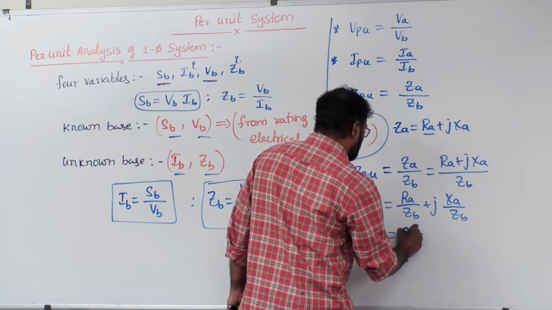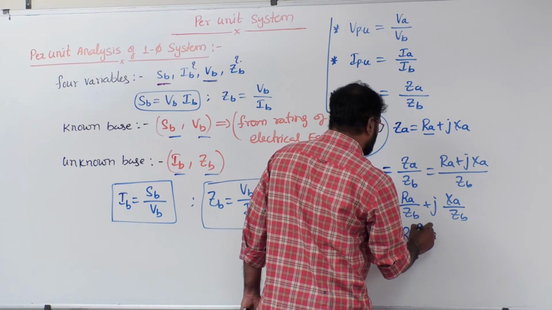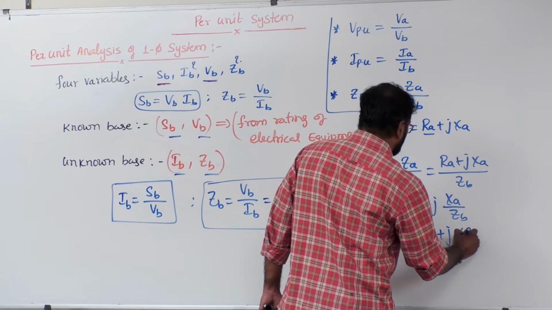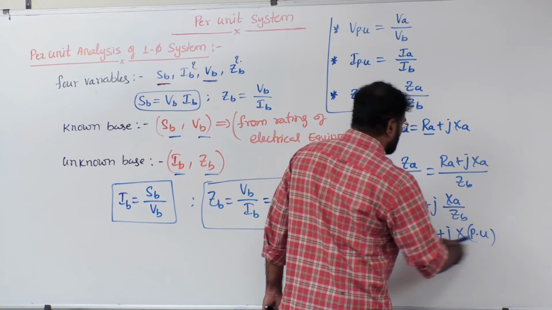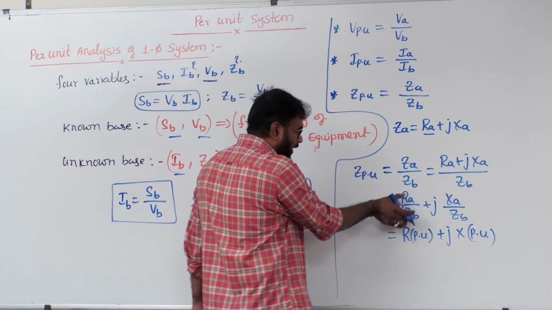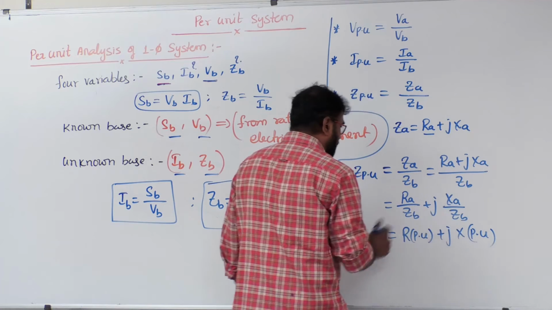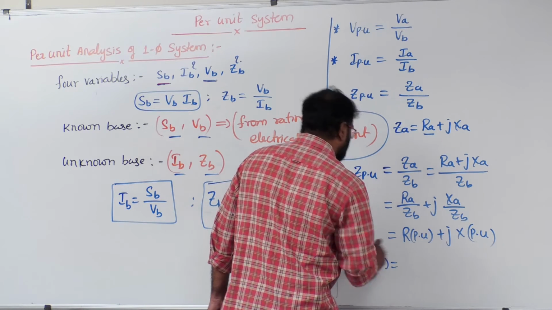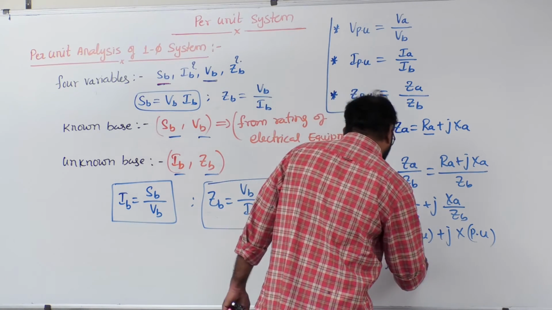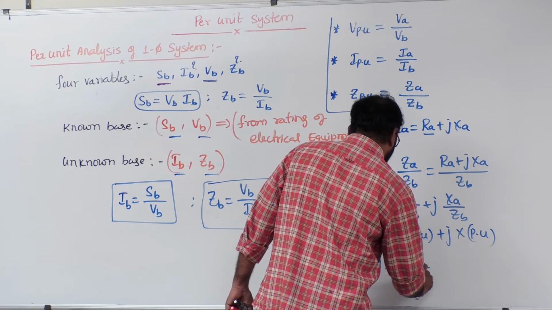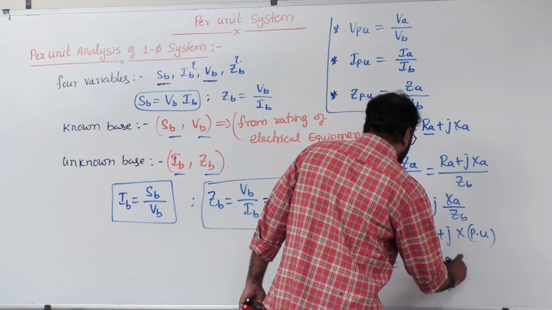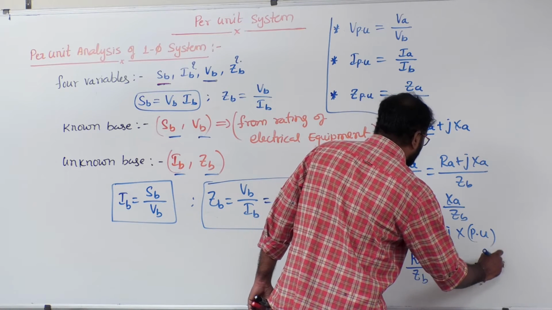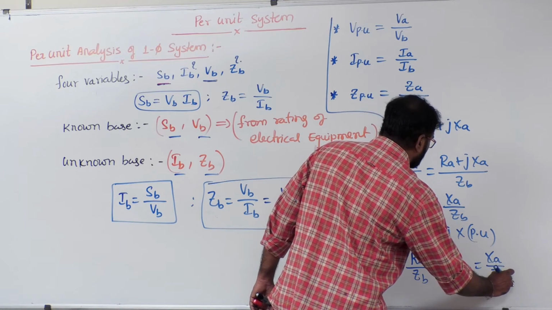So, R per unit plus j times X per unit. R per unit is nothing but R actual by Z base, and X per unit is nothing but X actual by Z base.